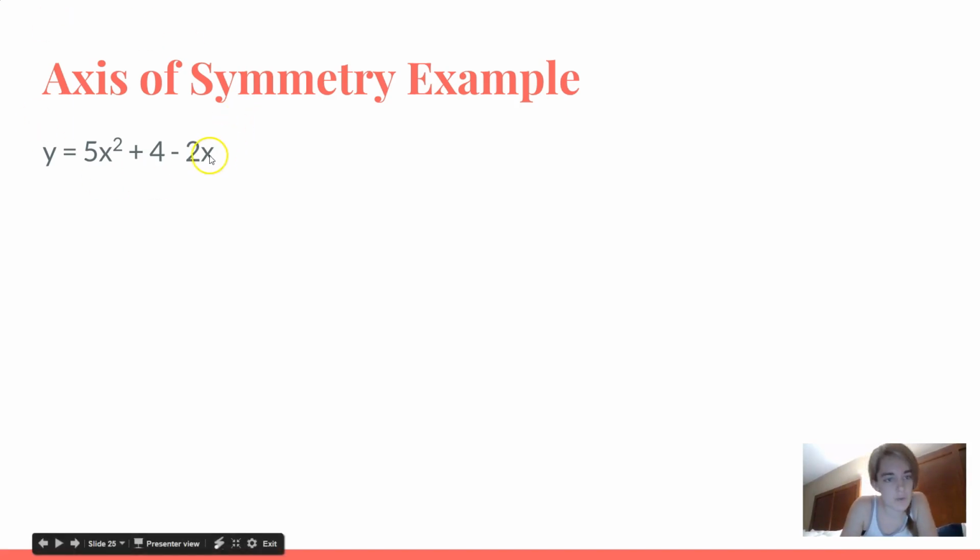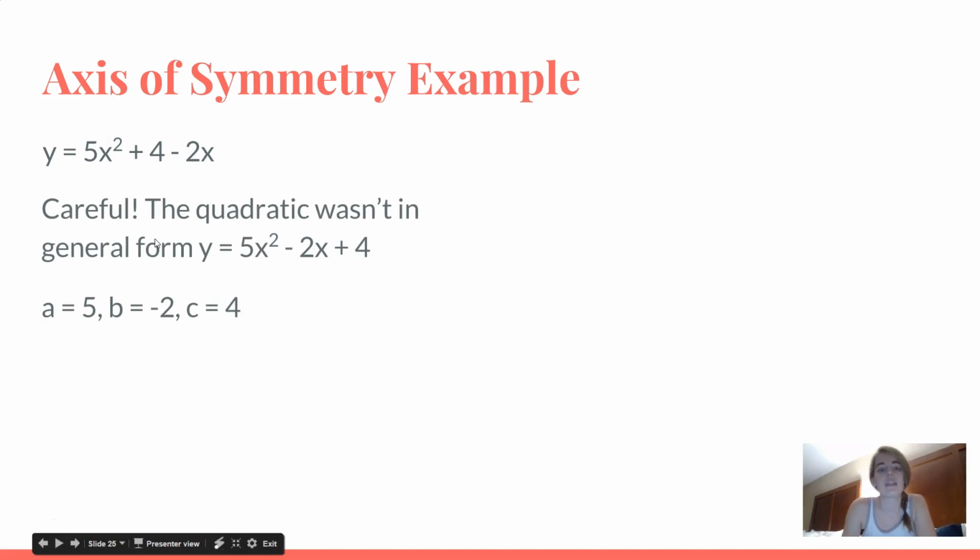But notice how the negative 2x has a higher exponent than my positive 4. You've got to reorder it first, then you can say what your ABCs are. So I just pulled this negative 2x up to the front and pulled the positive 4 to the back. So my A is 5, my B is negative 2, my C is 4.